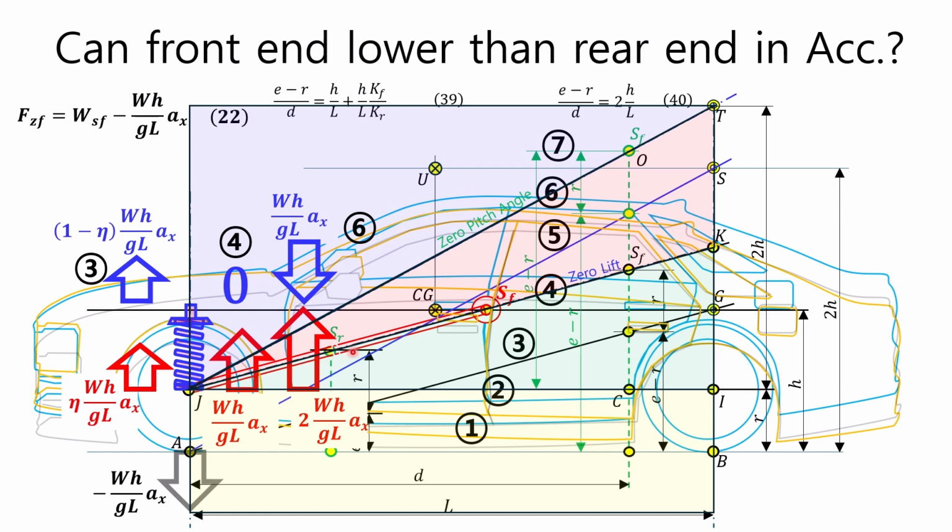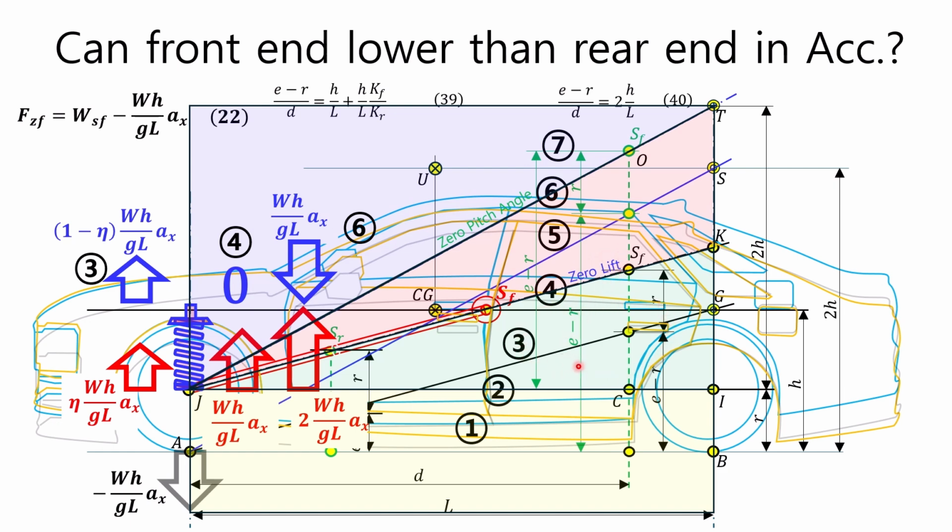In the typical suspension geometry of commercially available vehicles, the front virtual reaction point SF lies in the region between the horizontal line, connecting the front wheel center, point J, and the rear wheel center, point I, and the lift zero line, connecting points J and K. This region is shown in light green in the figure.